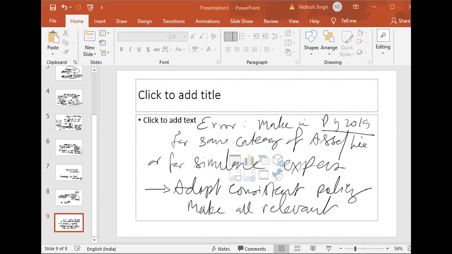Okay, so what are the different disclosures required for IAS 8? Title of IFRS, nature of change in accounting policy. So what kind of change are we going to make if there is any change in accounting policy? Why is that change needed? So let me write it down for you to note.